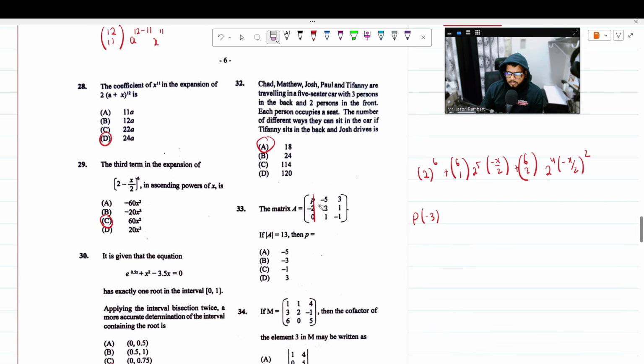Then we get plus 5 multiplied by 2, plus 3 multiplied by minus 2. 13 minus 3p plus 10 minus 6 is 13. 10 take away 6 is 4. 13 take away 4 is 9. And p is minus 3.